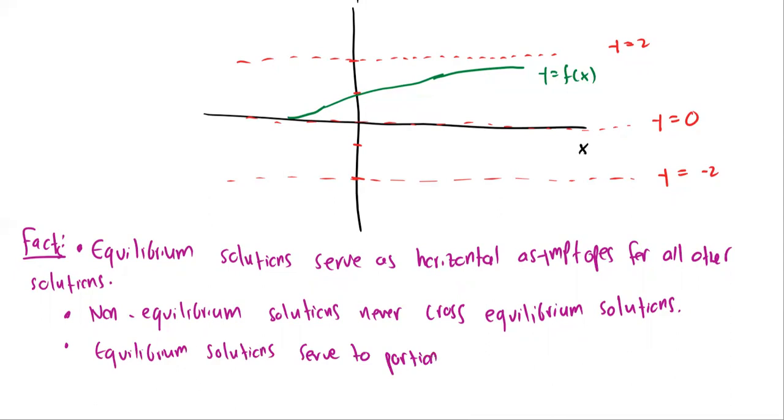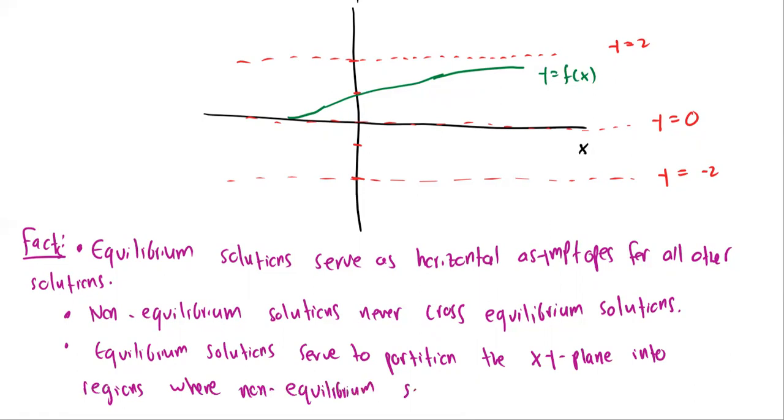Oops, I misspelled that. So for example, this graph of y equals f of x that we plotted, we can think of it as crossing through the point 0, 1.